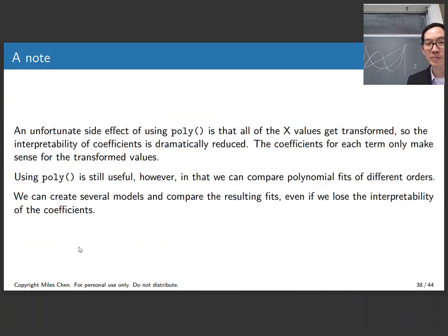So using poly and lm together is useful in that we can compare these different polynomial fits of different orders. We can create a whole bunch of these models and compare the resulting fits, even if we lose the interpretability of these coefficients.